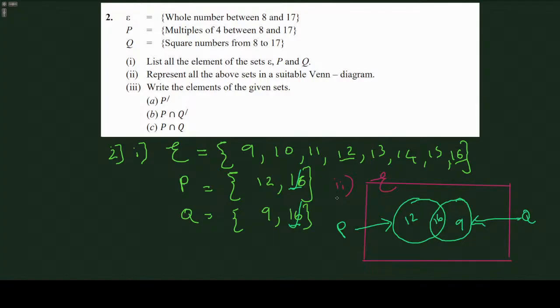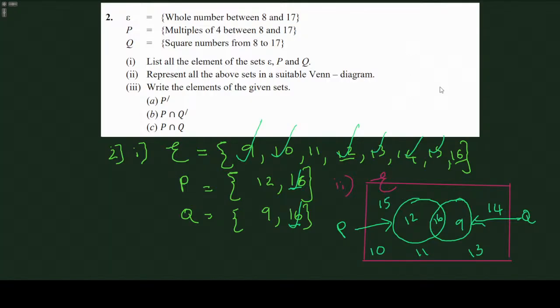It has to be written outside the circles. 9 is already written inside the circle. 10 got to come here. 11, 12 is already written inside a circle. 13, 14, 15. 16 is already written inside a circle, so it won't come out.